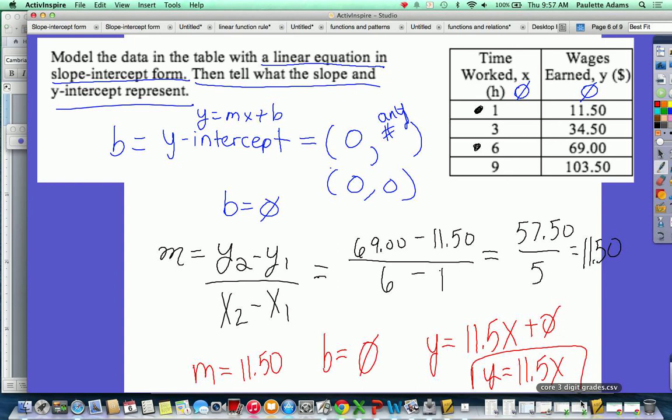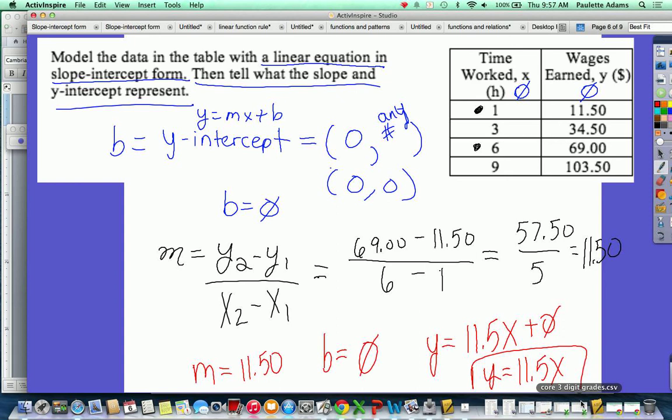So looking at the table and looking at our slope and y-intercept, what does our slope mean? If our table is about time worked and wages earned, what does our slope mean? If you work 1 hour and you get paid $11.50, and you work 3 hours and you get paid $34.50, 6 hours equals 69, 9 hours equals 103.50.